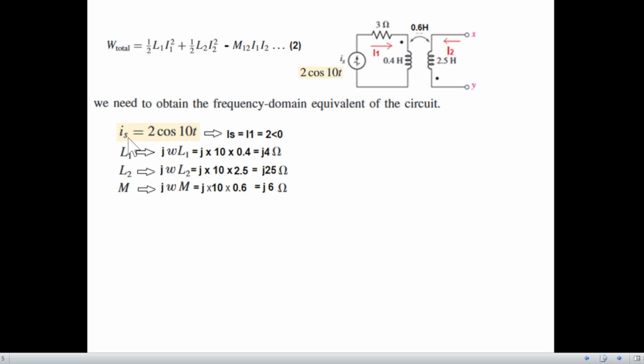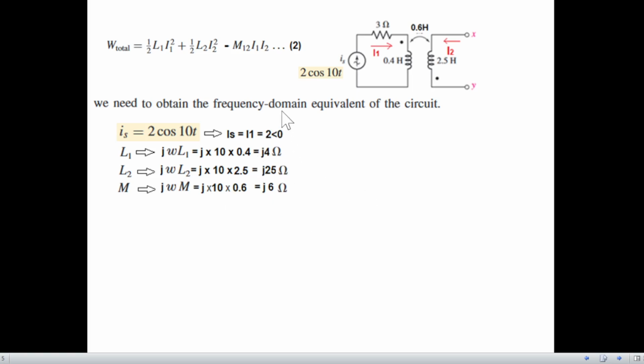The time domain 2 cos 10t can be written as capital I S, which is I1, with magnitude 2, and this does not have an angle, so we'll write angle 0. L1 can be written in the frequency domain as j omega L1. So j omega is 10, L1 is 0.4, so j4. And similarly for L2 and M in the frequency domain.